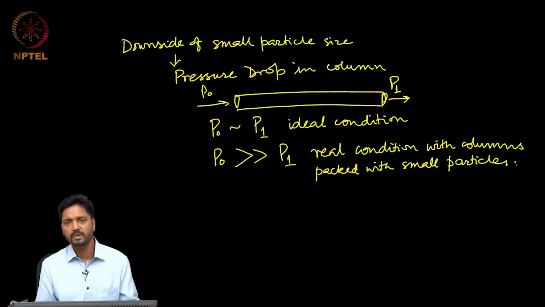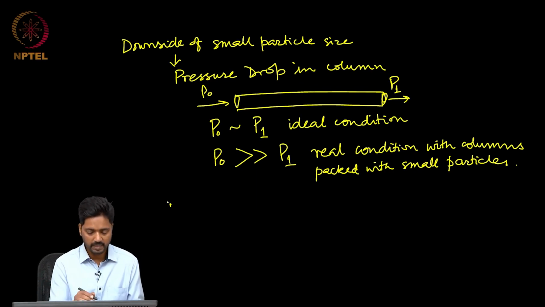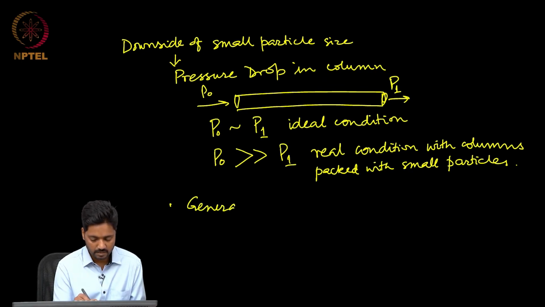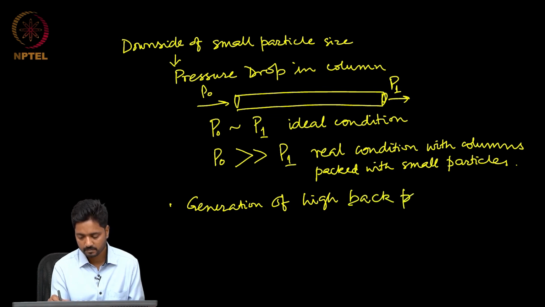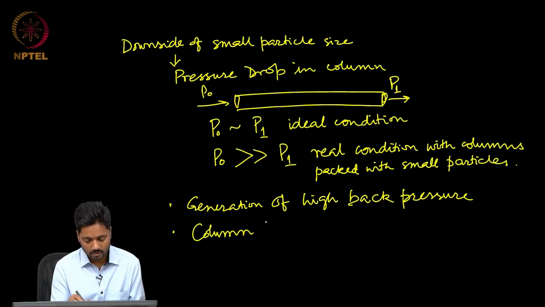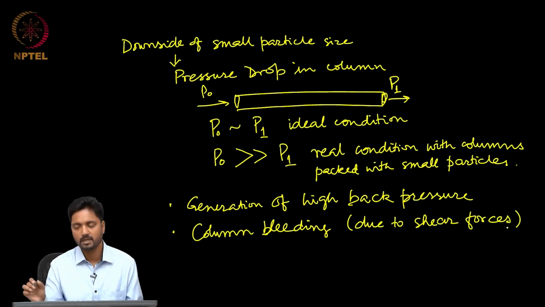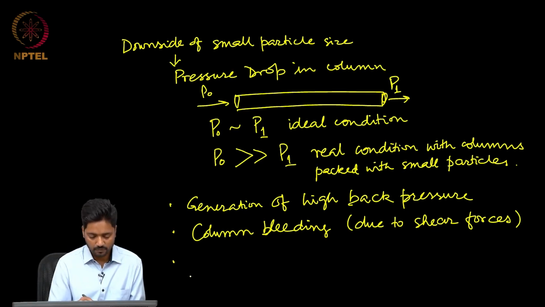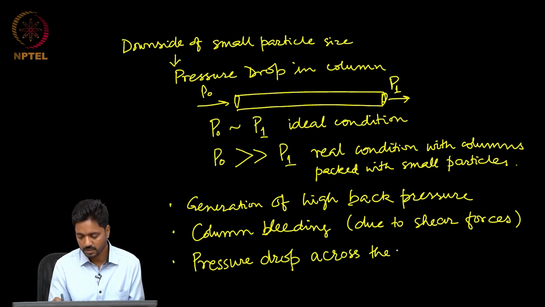So, the three major downsides that we saw with regards to using small particles are the generation of high back pressure, then column bleeding that happens due to the shear forces that are generated by the movement of the solvent, and finally the pressure drop across the column.